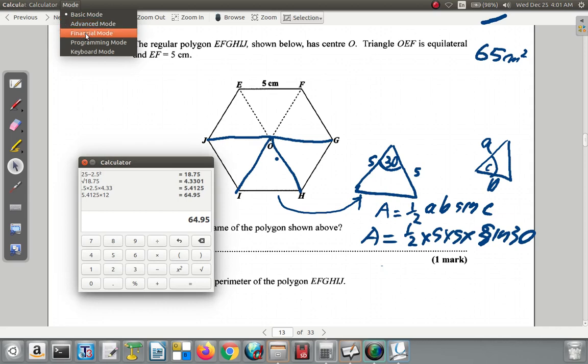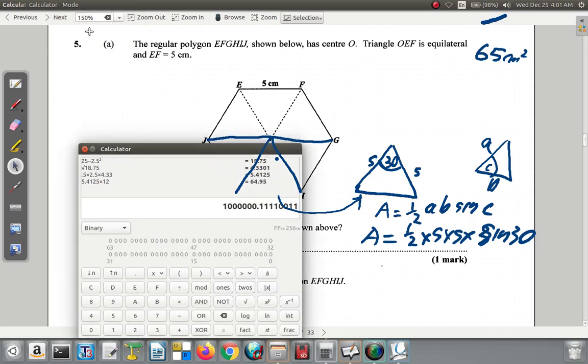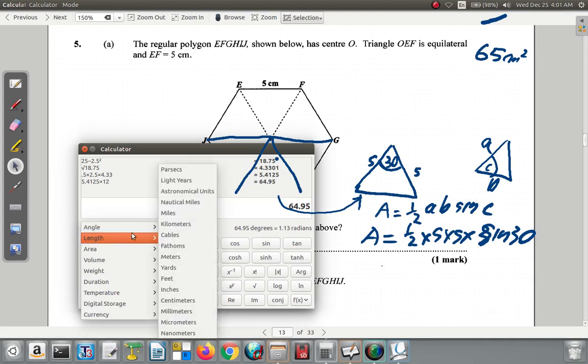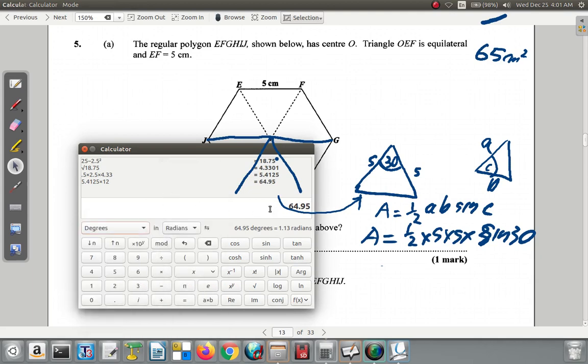In this case, if you don't remember, use a scientific calculator and make sure it's in degrees, not radians, alright? Or gradients.